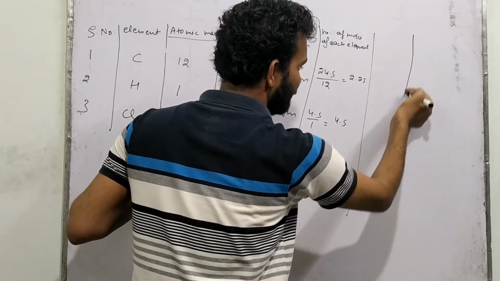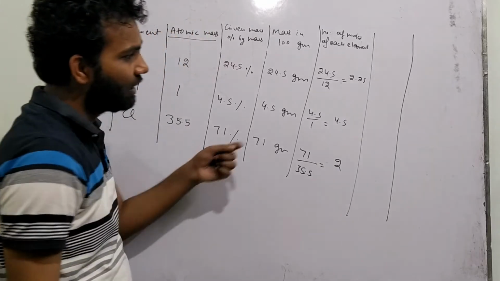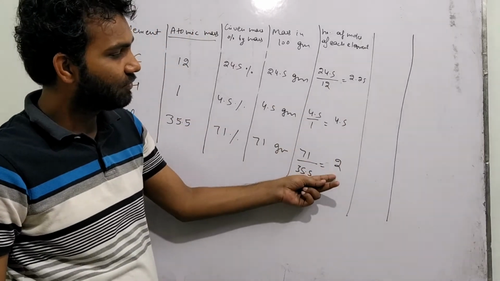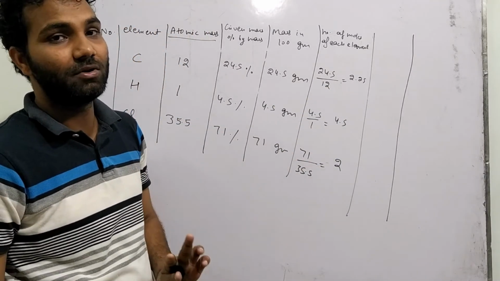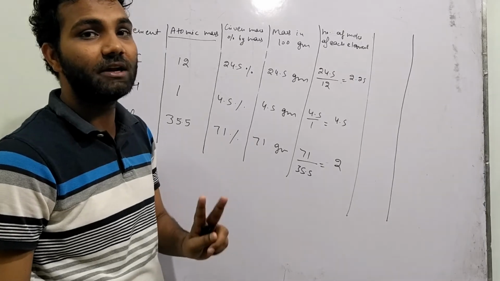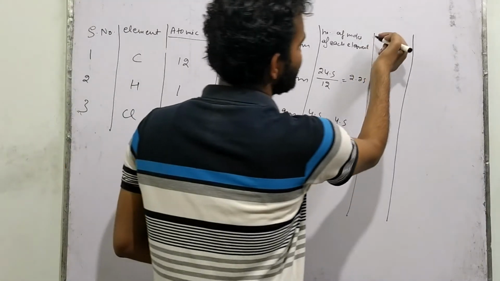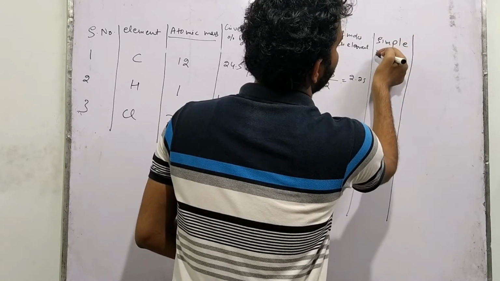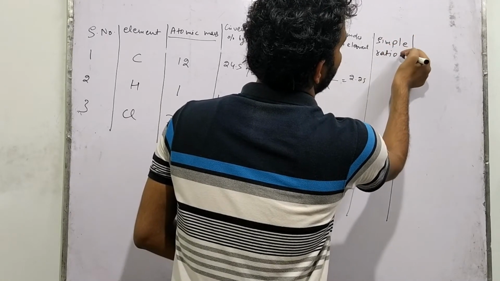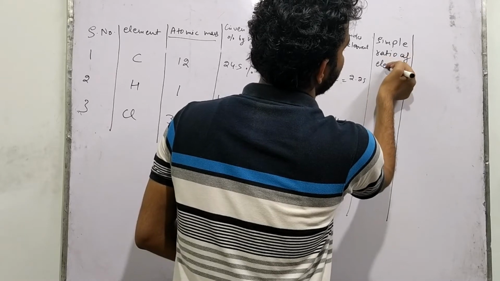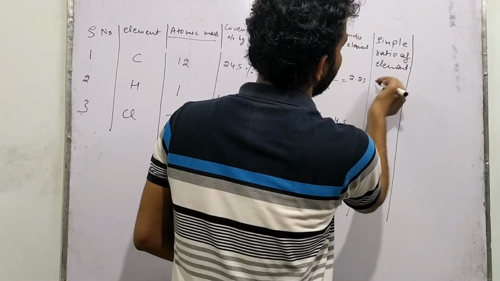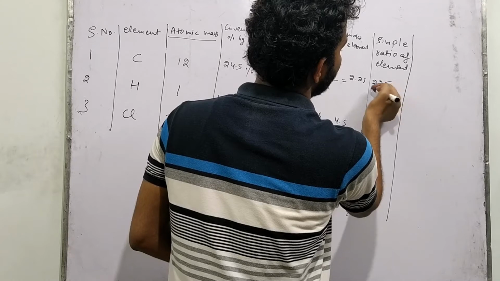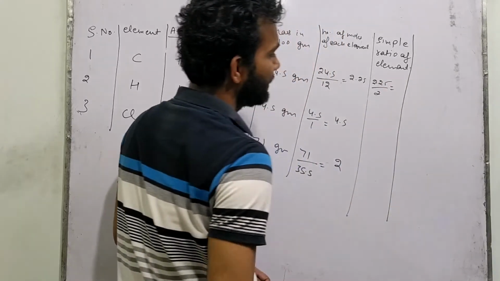Now next point is very crucial. You have to divide each number of moles by the lowest value of number of moles. So this is what? Your simple ratio of element. If you divide 2.25 by 2, it will come nearly 1.